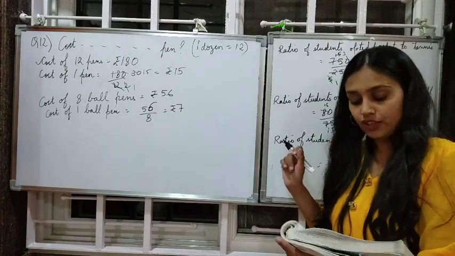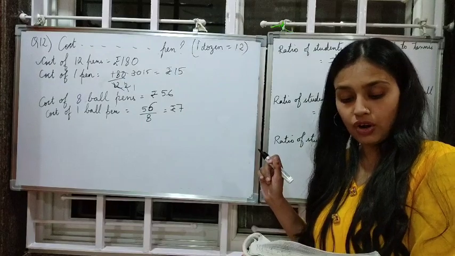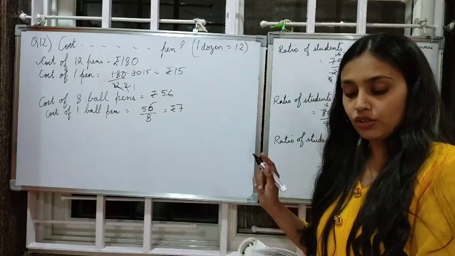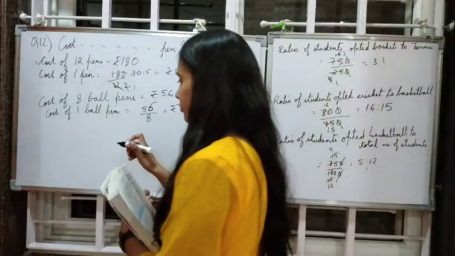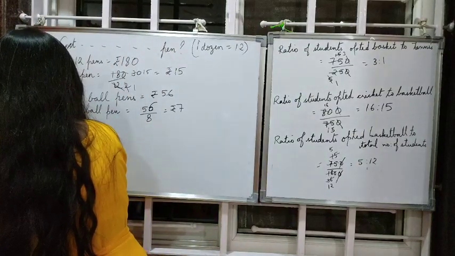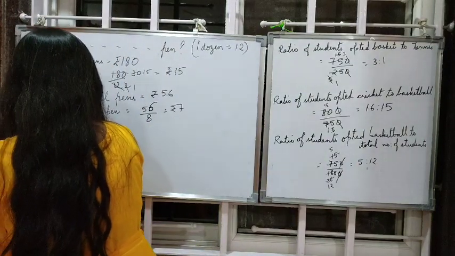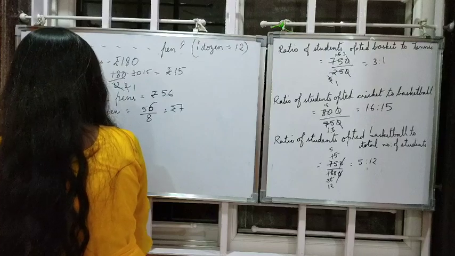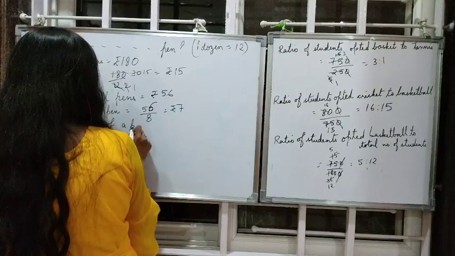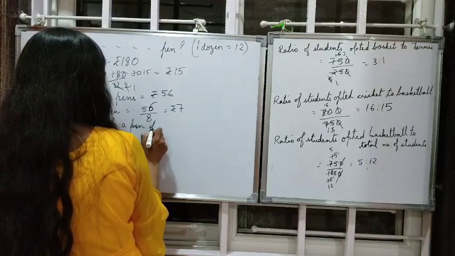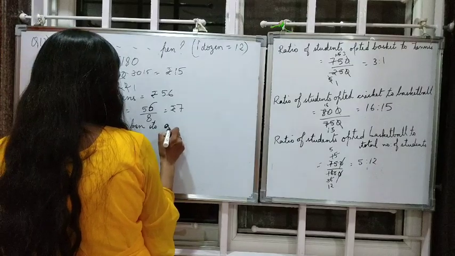We have to find the ratio of the cost of a pen to the cost of a ball pen. A means one pen to one ball pen.